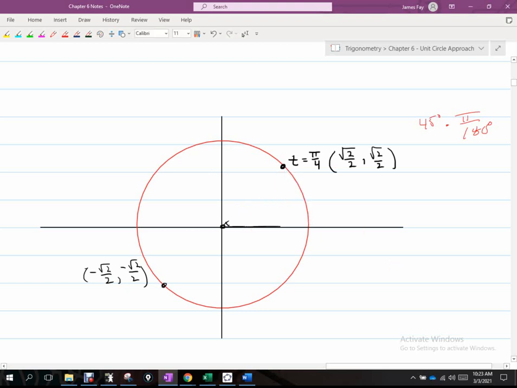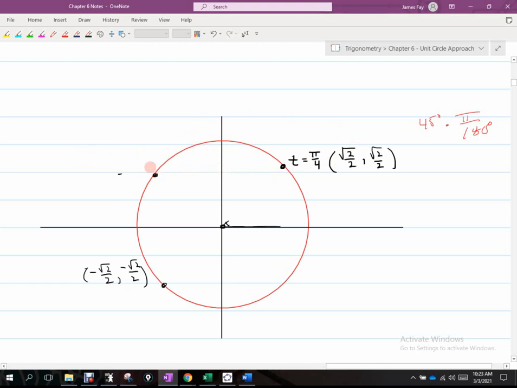So, would you guys agree that I can reflect that over here and get a point right there in the second quadrant? Now, if I reflect it, distance, that's called an isometry. Distances are preserved, meaning that the distance that I took in the x direction to get to this point right here is going to be the same distance in the x direction to get to that point right there.